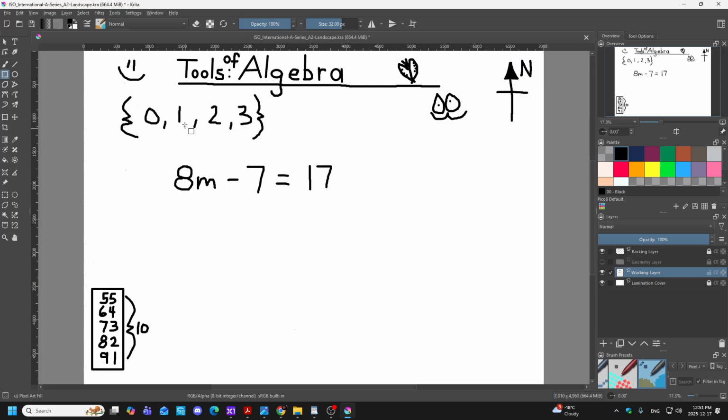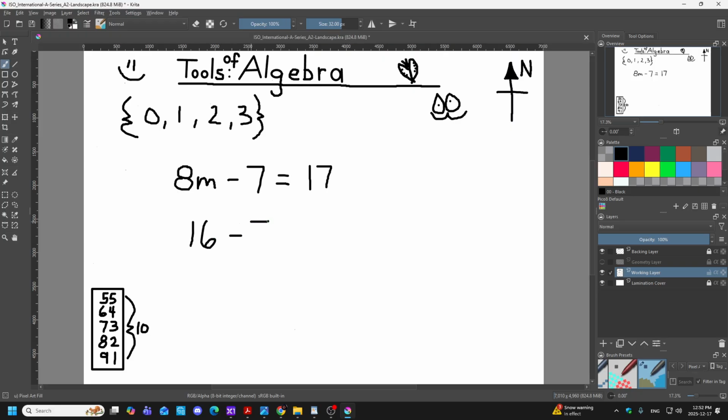If I substitute 1, I get 8 subtract 7, which leaves 1. 1 is not equal to 17. Let's try 2. 2 times 8 is 16.